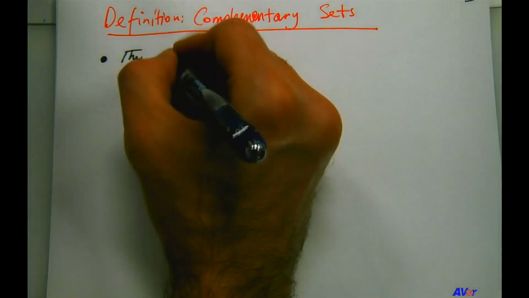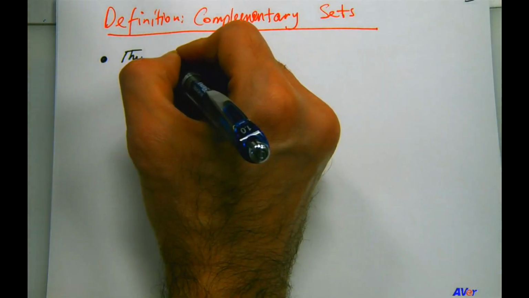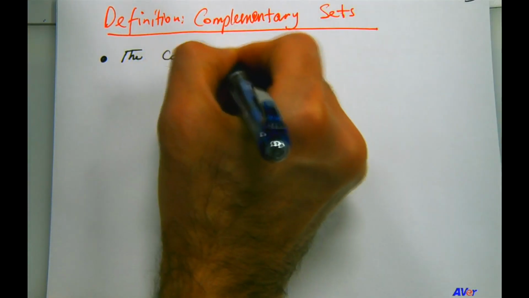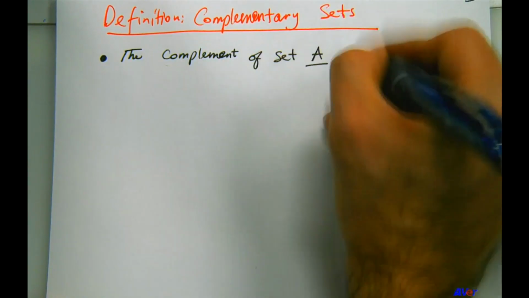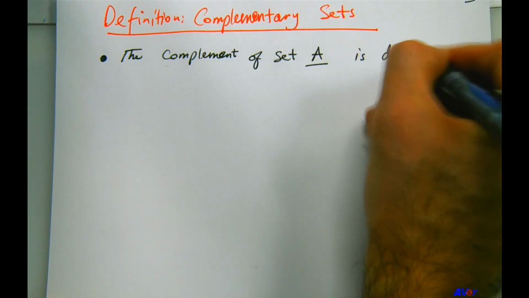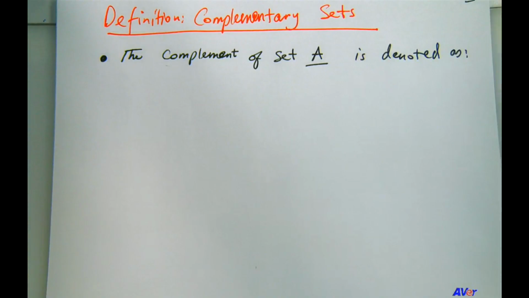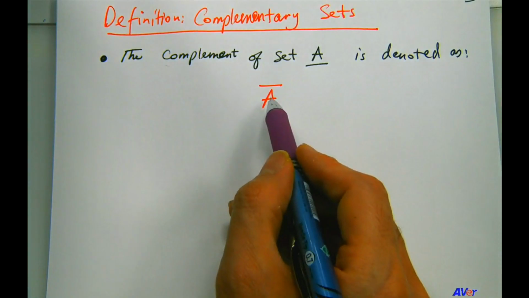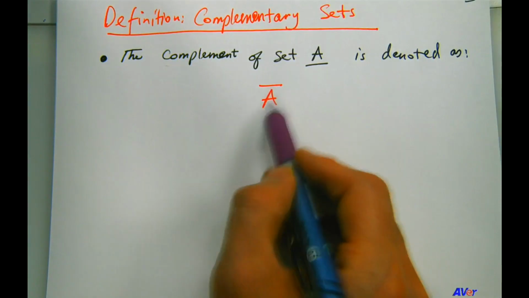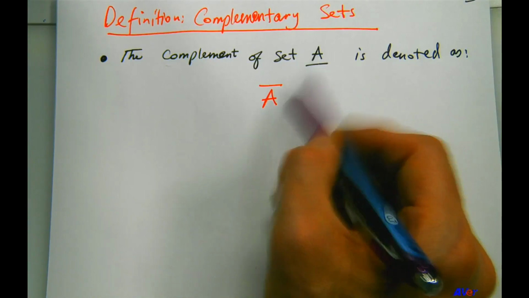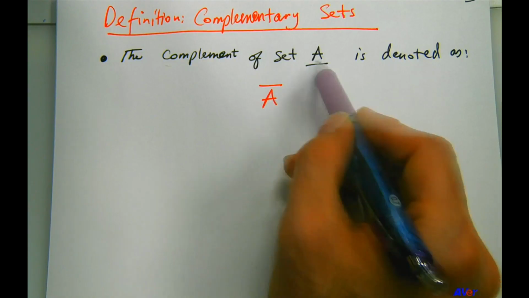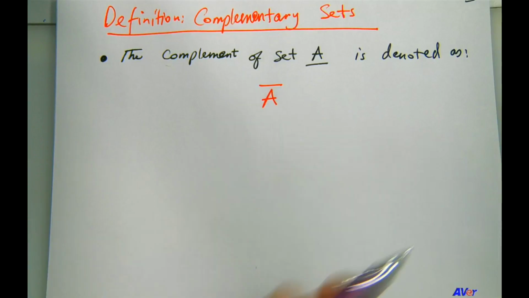The complement of set A is denoted as A bar, pronounced A bar, B-A-R, and it represents the complement of set A. So if this set was called B, this would be B bar. If this was C, this would be C bar, the complement of that. Okay, so that's the notation note.